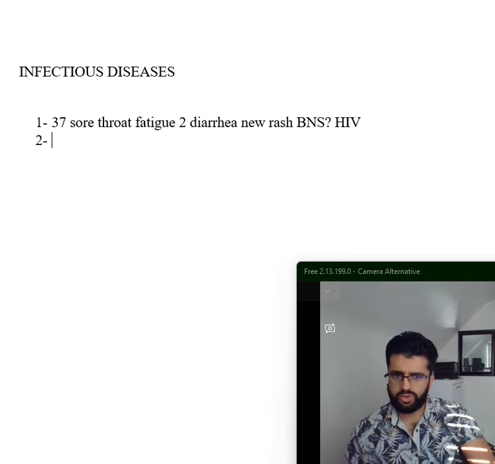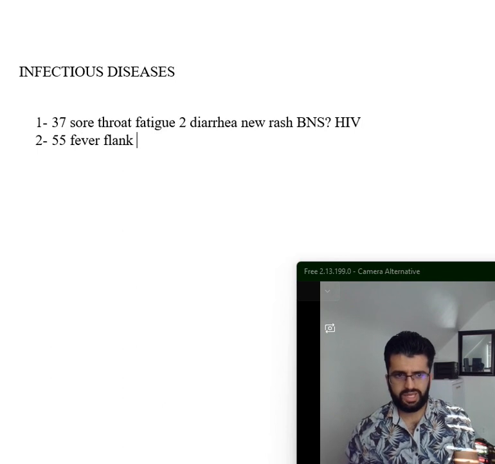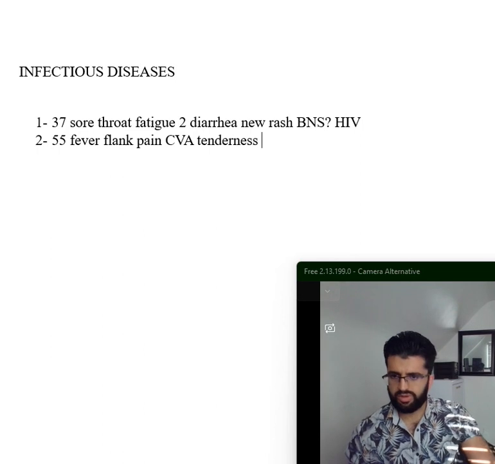Okay, another case, you have somebody, 55, who came in with fever, flank pain, CVA angle tenderness, vertebral angle tenderness as well. You gave the patient antibiotics, took antibiotics, but no improvement.